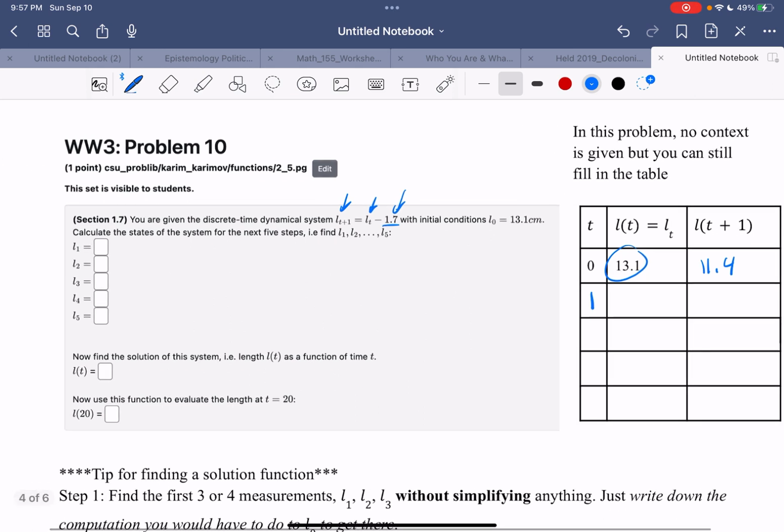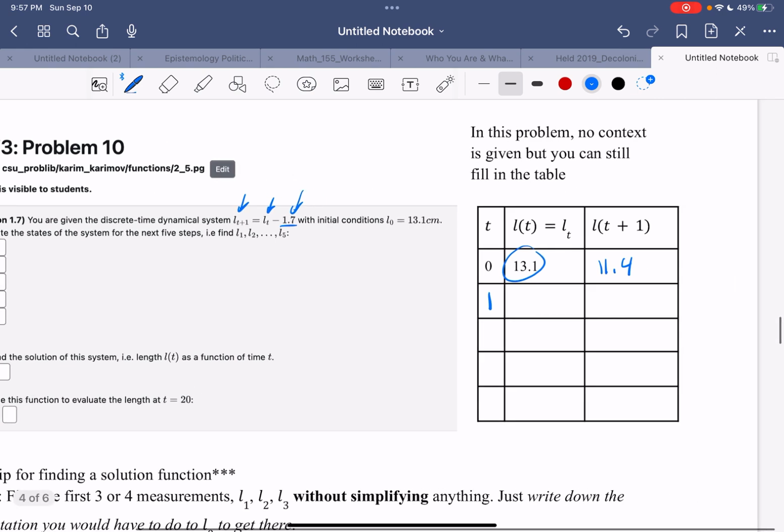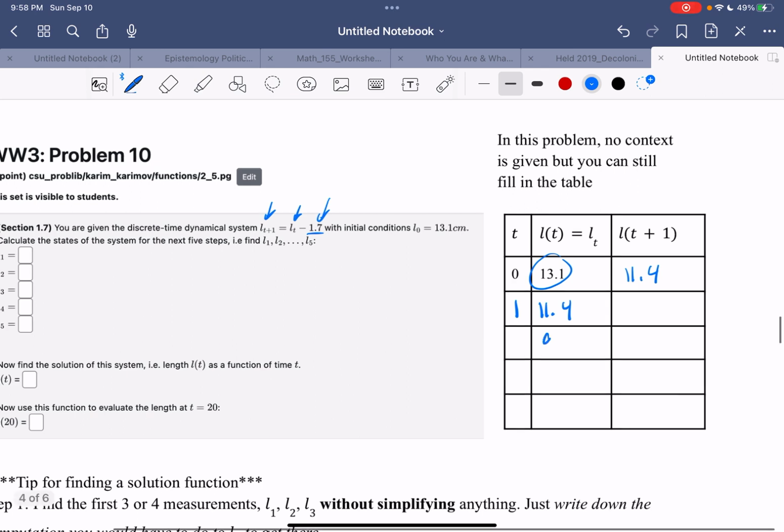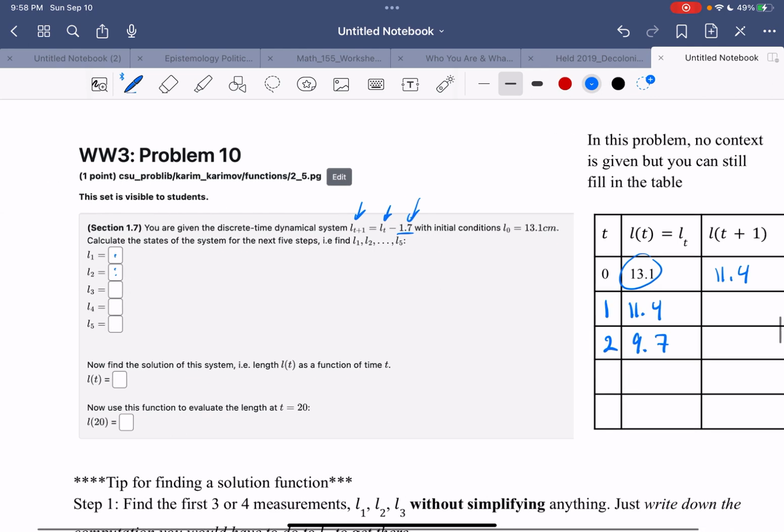Months, years? I don't know. All right, 1 time unit later, we're at 11.4. If I subtract 1.7, it'll become 9.7. That's what happens there. And so on and so on. So like we could fill these out, right? Okay, find a solution function for the system.